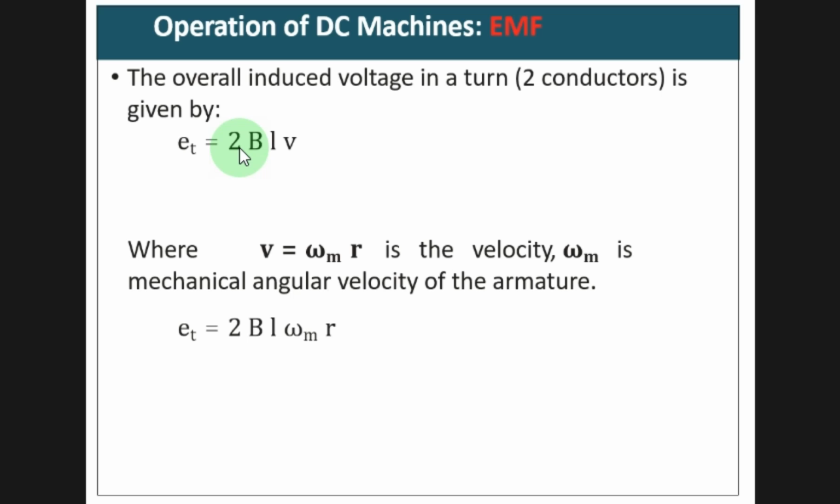Here v is the rotating conductor's speed. Normally for rotating things, we use the angular velocity omega m, which is measured in radians per second. The relationship between the tangential velocity and the angular velocity is v equals omega m into r.